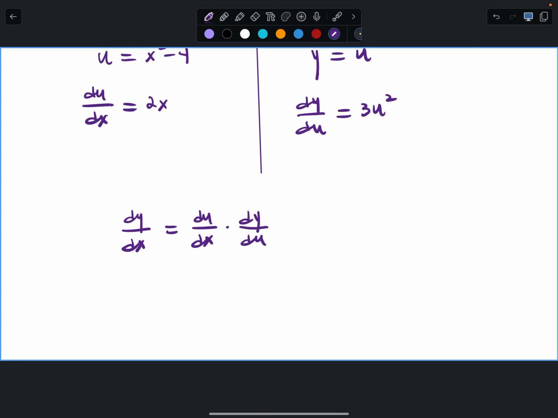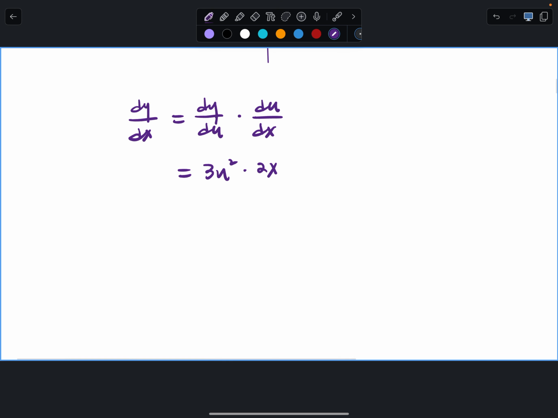Did I switch the order? Here I switched the order, although it doesn't matter. I'll switch it so it's the same. We have dy over du times du over dx. So dy over du would be 3u squared. du over dx is 2x.